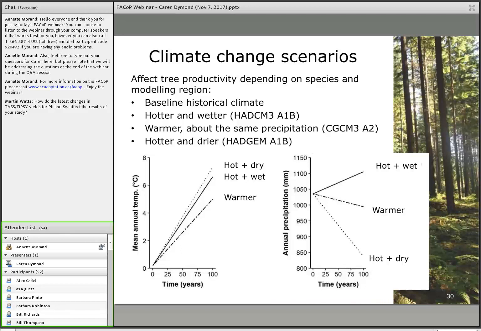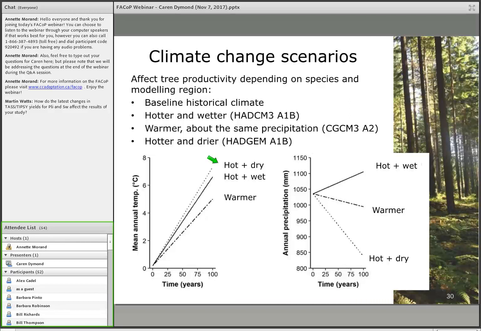So in terms of climate change scenarios, instead of using an aggregate approach with the average, high, and low, we did the modeling splitting out the possible future climates. Again, we have a baseline with no climate change, where productivity in the future depends on the past. Then hotter and wetter, warmer, and hotter and drier scenarios. This is the mean annual temperature.